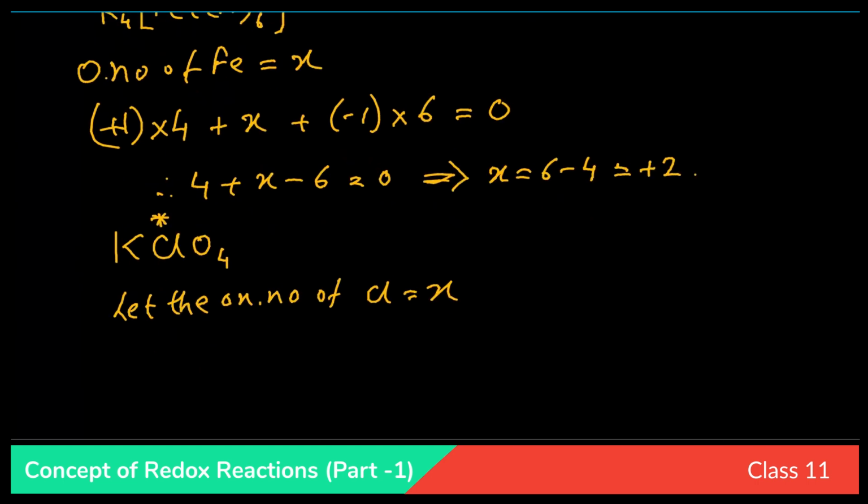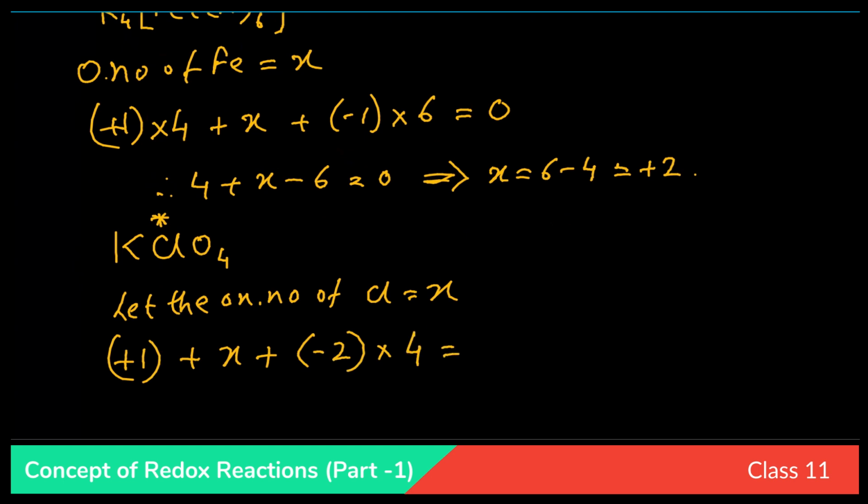Now, potassium belongs to alkali metal group, so it will be plus 1, plus x, plus oxygen has oxidation number of minus 2, and total number of oxygen atoms present is equal to 4.